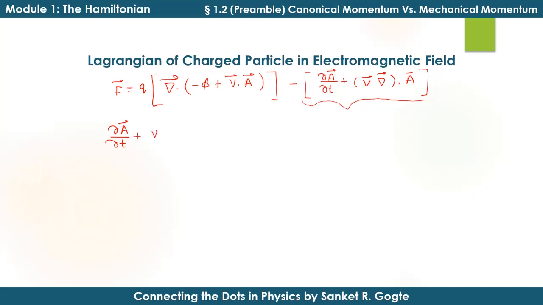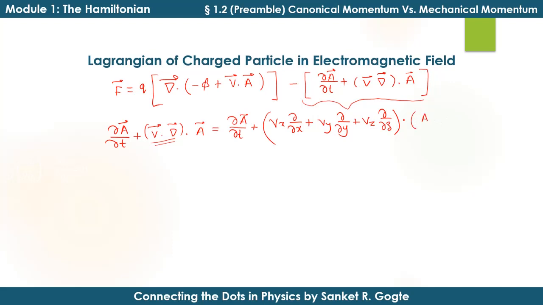plus V dot del dot A. This term is equal to dou A by dou T plus this V dot del is basically Vx, dou by dou x, plus Vy, dou by dou y, plus Vz, dou by dou z, and this is an operator which is then operated onto vector A, where vector A is, let's keep this A as it is and see what we get.